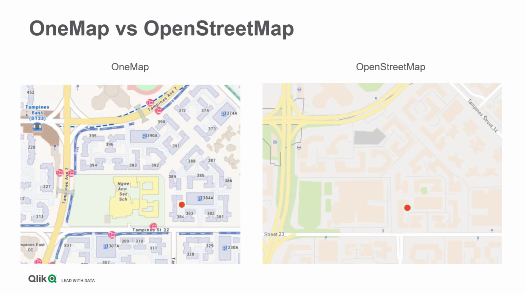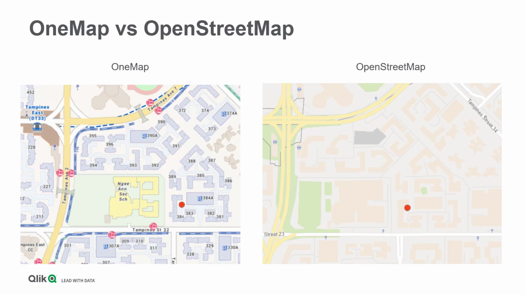Now let's take a look at OneMap versus OpenStreetMap here. On the left hand side, you will see the OneMap map, and on the other side is the OpenStreetMap. With the OpenStreetMap, as you can see, it is quite bare. There's not much information given, but with the OneMap map, we can see that there's a lot of information.